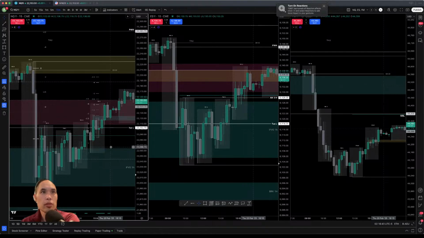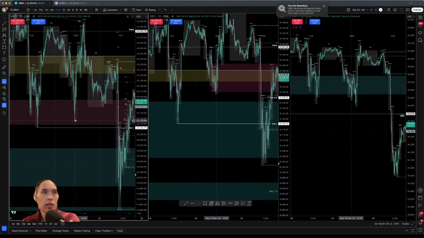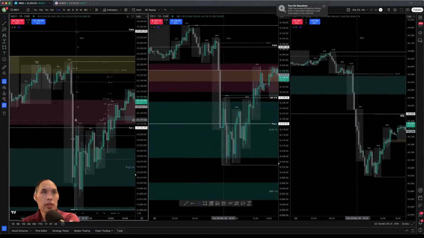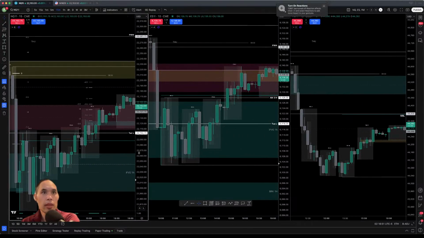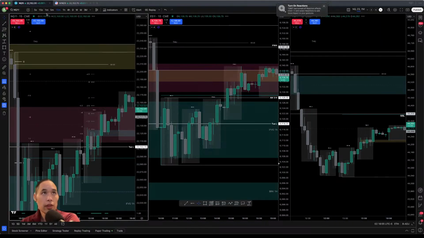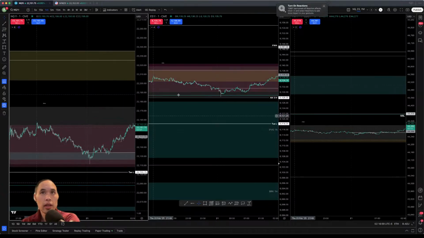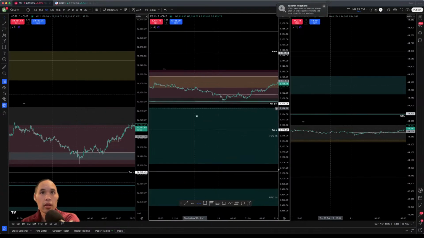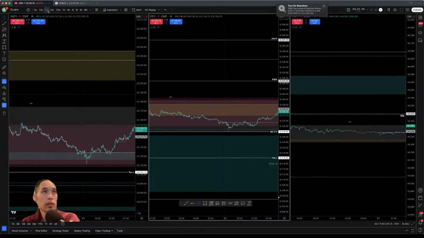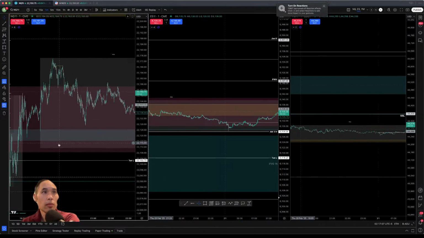Yeah, so that was my draw, plus previous day high, which was right here at this 2217 level. My thesis was if NQ found support at previous day high, then we would head higher because ES was finding support there, and YM was as well. YM was kind of taken off.